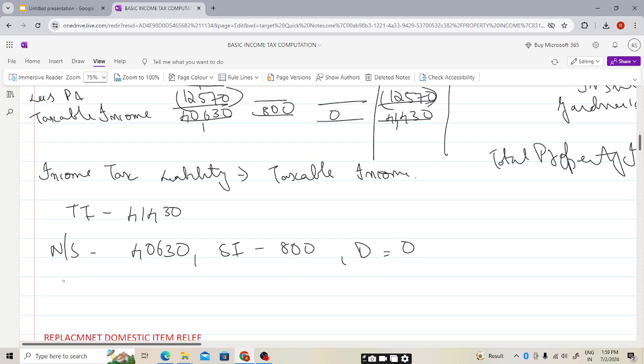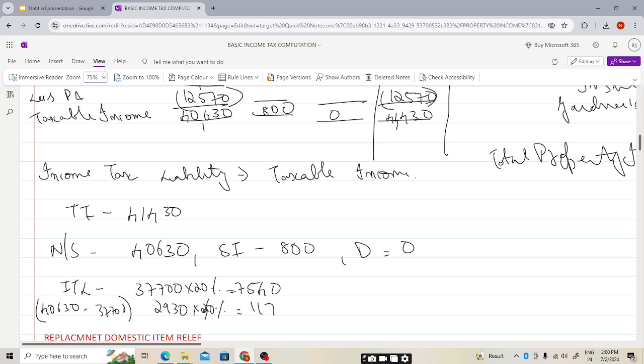So the first 37,700, because the non-saving income is covering the basic rate limit, at 20% will give rise to 7,540. The excess will be 40,630 minus 37,700, which is 2,930, at 40% as it is in the higher rate limit, so it will be 1,172.